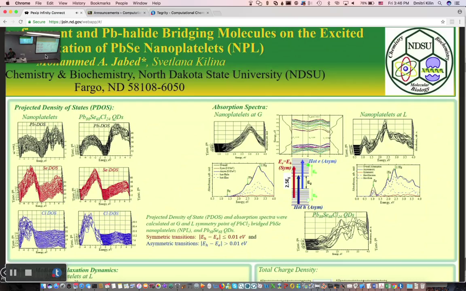But in quantum dots you have all three directions confined. Then is there any other reason rather than just saying it's because of the L point? No, I don't have anything.